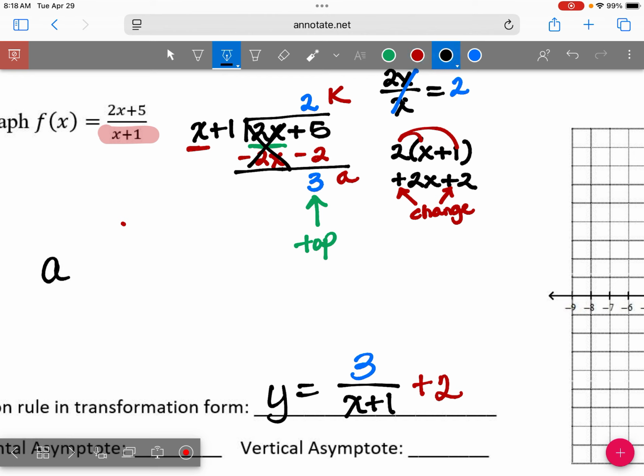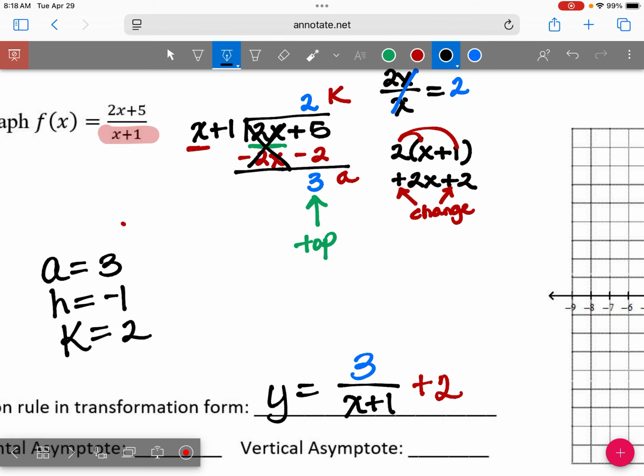So I have A equals 3, H equals -1, because remember, you always flip the sign, and K equals 2.